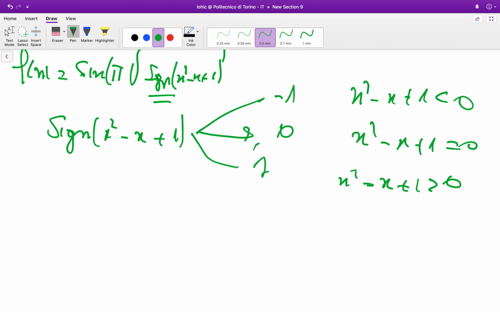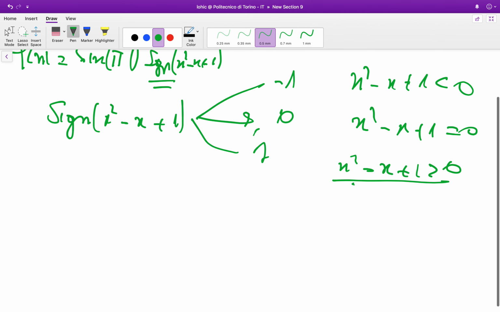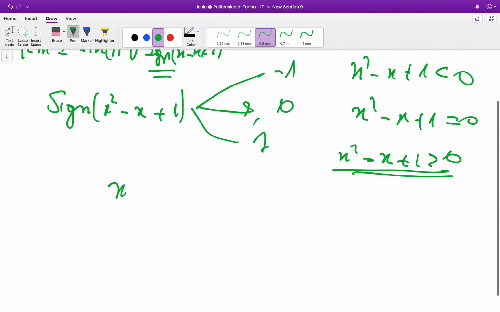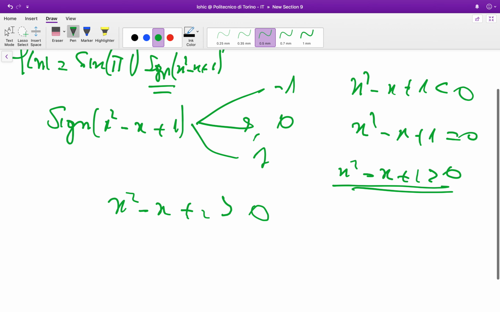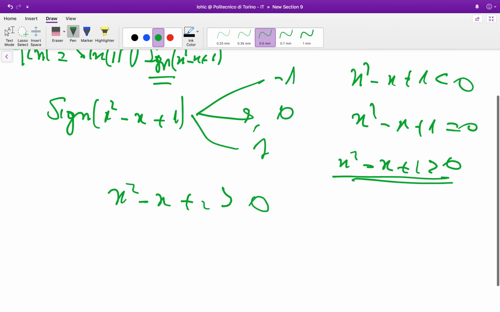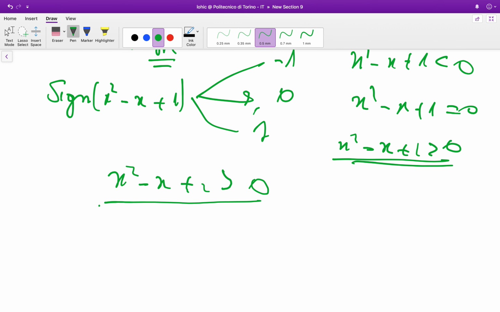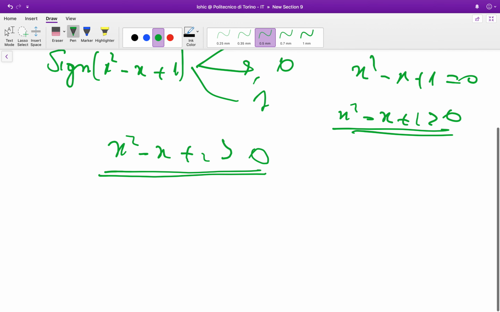So let's try to understand how this works. Let's solve x squared minus x plus 1 greater than 0 to see when it is greater than 0 or not. To do that, I repeat once more, it is a parabola, right? We need to solve an inequality on a parabola, so we find the possible solution.